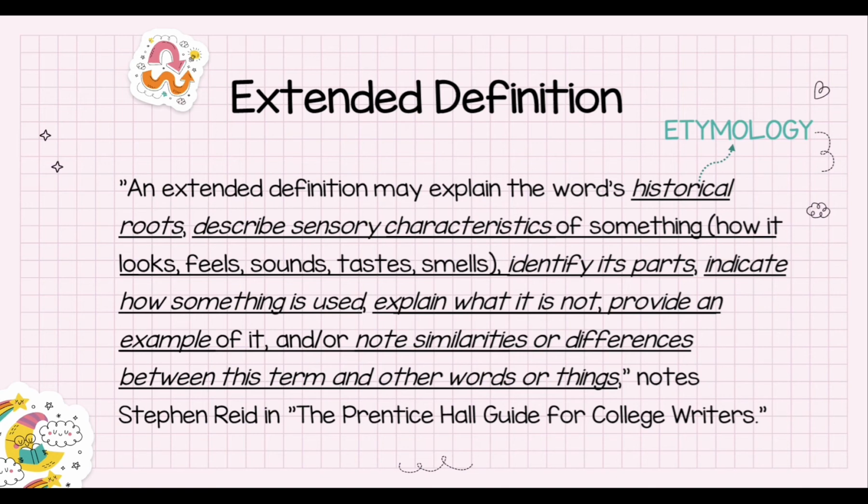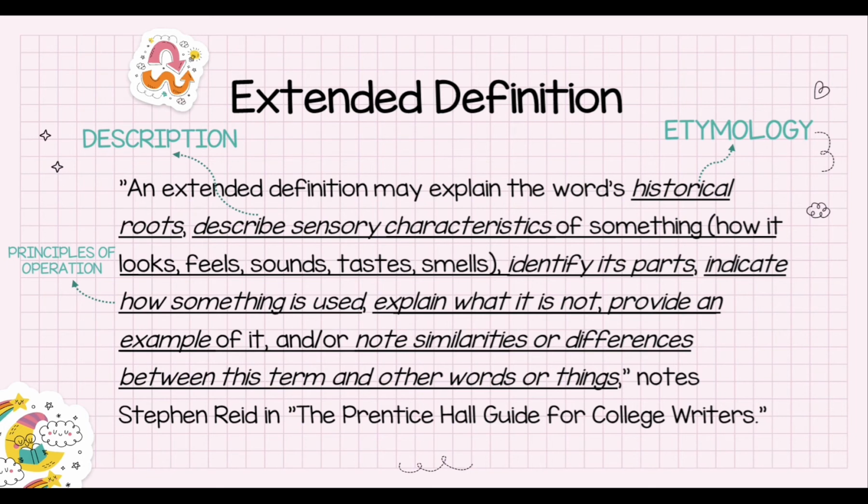However, if you are describing its looks or how it feels, how it sounds, how it tastes or smells, and even identifying its parts, that is actually description. When you provide how something is used, or the process or procedure by which it works, you're actually providing the principles of operation.